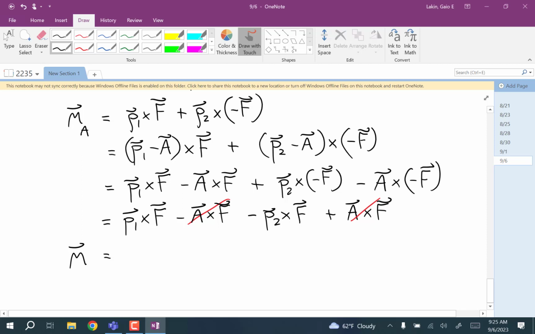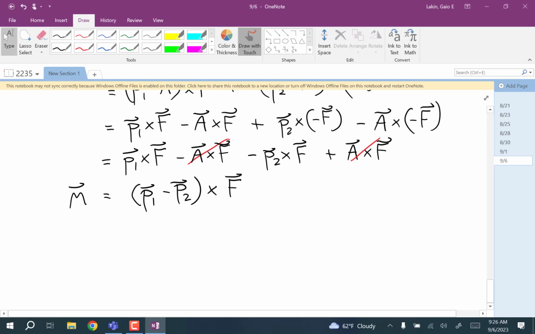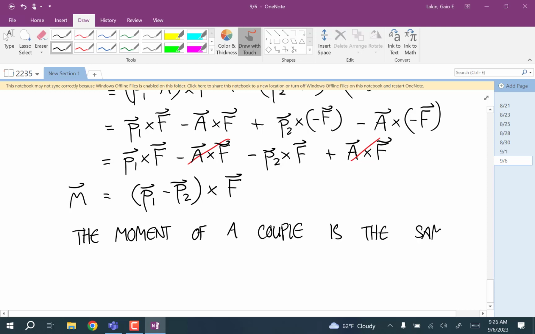M is equal to, if I regroup these now, P1 minus P2 crossed with F. So the moment of a couple is the same no matter what the about point is.